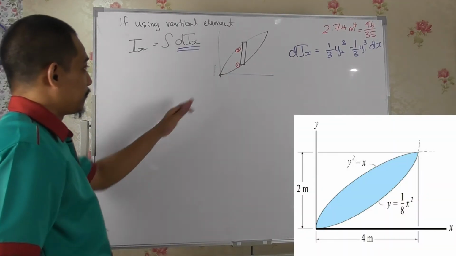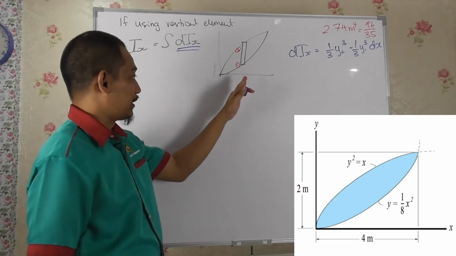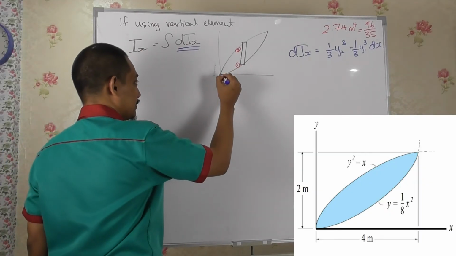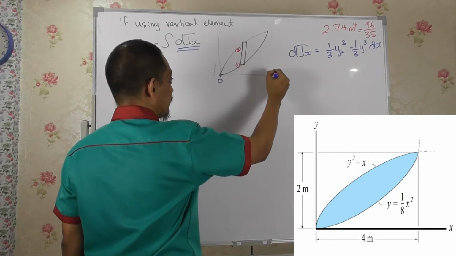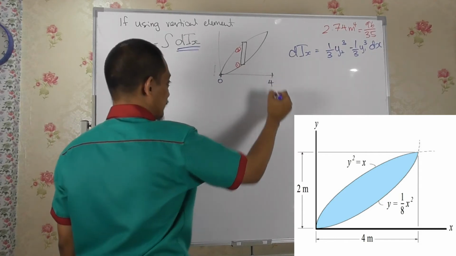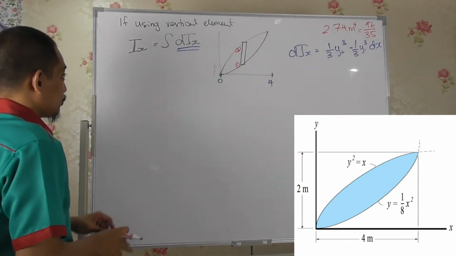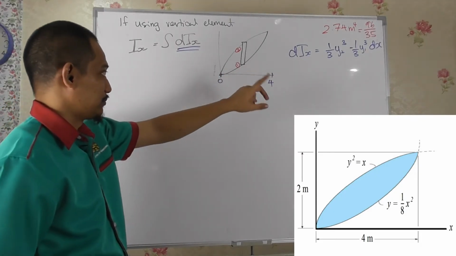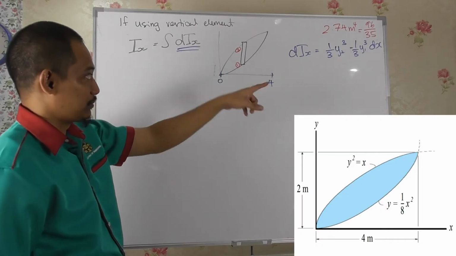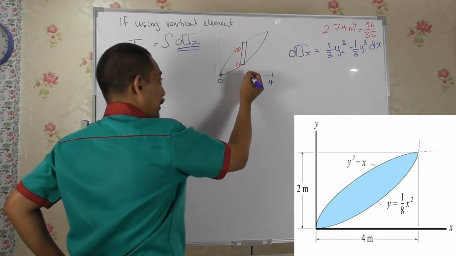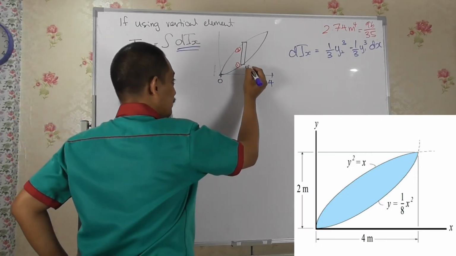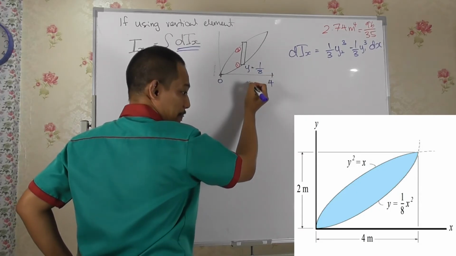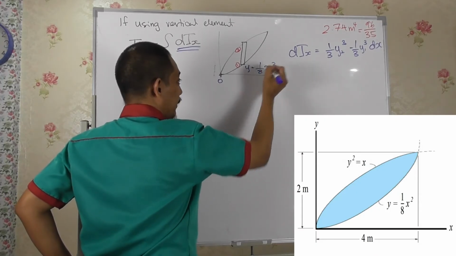Okay, so when we use vertical element here, meaning that the first element is here for 0, the last element will be here, which is 4 in this question, right? So plug in there, obviously we have to change y into x because we have to integrate with respect to x, right? So y1 here, what is the equation? So y here is 1 over 8 x square.